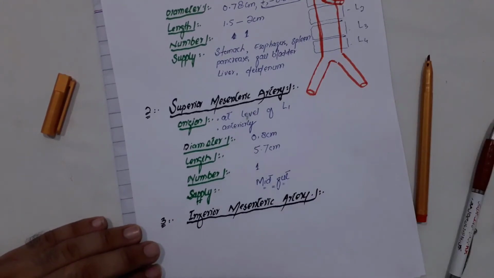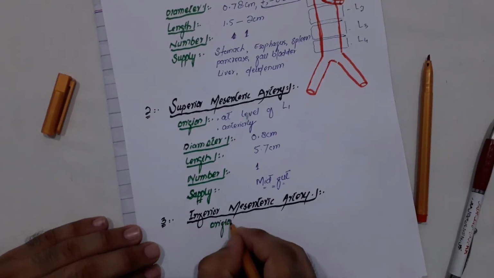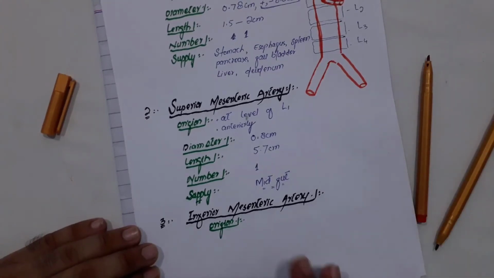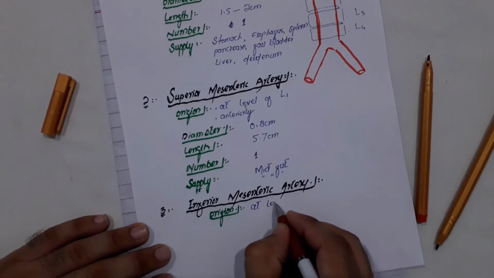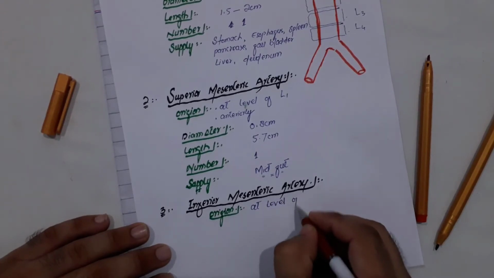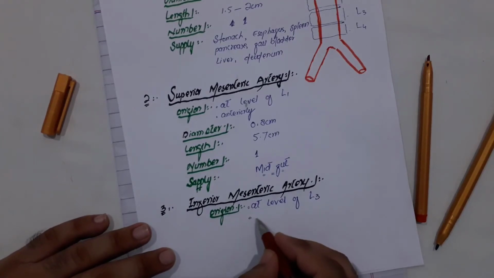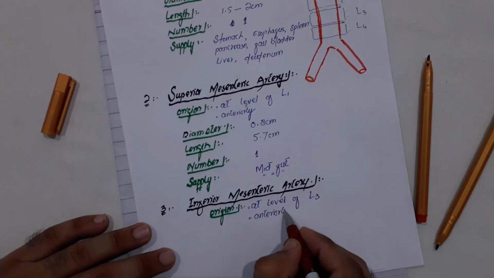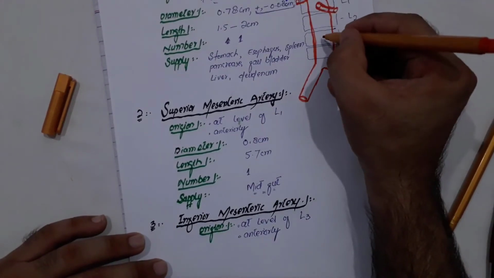What is the origin point for this artery? From which part of the abdominal aorta does this artery arise? So this artery arises at the level of L3, right, friends? Again anteriorly. Okay, this artery arises at the level of L3.